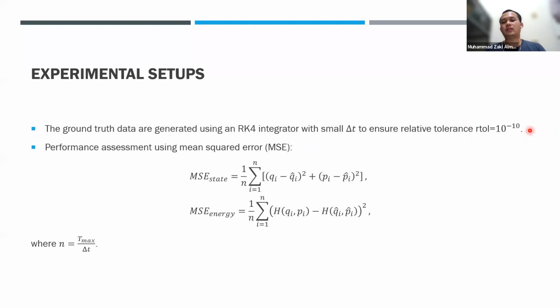In this case they want to ensure the relative tolerance is almost negligible, and the performance is assessed using mean squared error, where they assess the state mean squared error and the energy mean squared error between the ground truth data and the Hamiltonian.